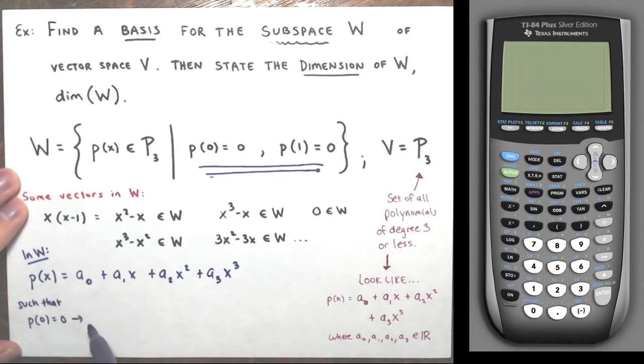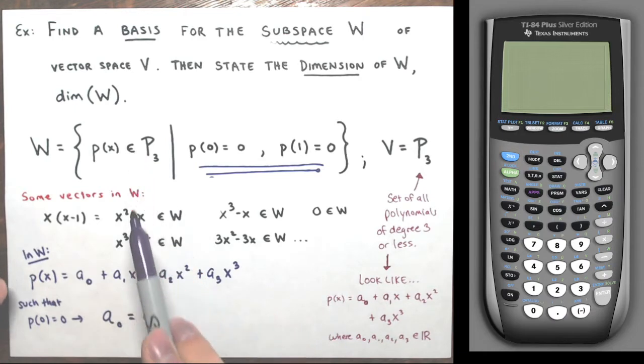Well, if I replace x with 0 here, I'd have 0 on the left, p of 0, and all the terms with x in it would disappear. So this would simply tell me that the value of a0 is equal to 0. So for every polynomial in W, the constant term is 0.